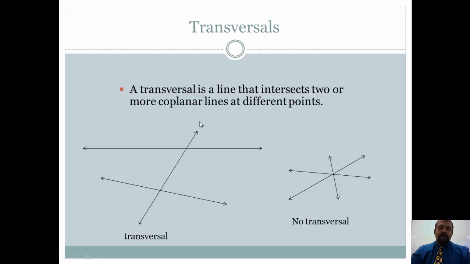This line is a transversal because it crosses two or more lines at different points. Over here, while this line does cross both of the other two lines, it's not considered a transversal because those points that it crosses at are the same point. There's no transversals over here, and this is the only transversal over here.